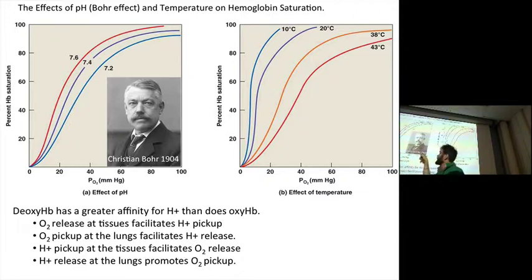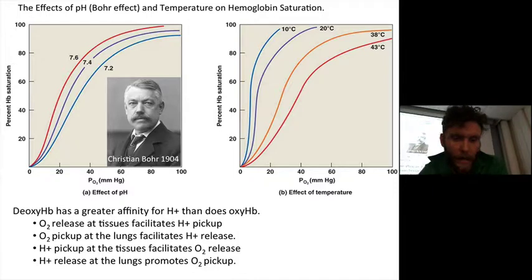Back in 1904, he was already able to do these very careful experiments, establishing this relationship. In the next slide, I'll show the actual experiment. What he found was that when you have oxygen release at the tissue, that's going to facilitate the pickup of H+.